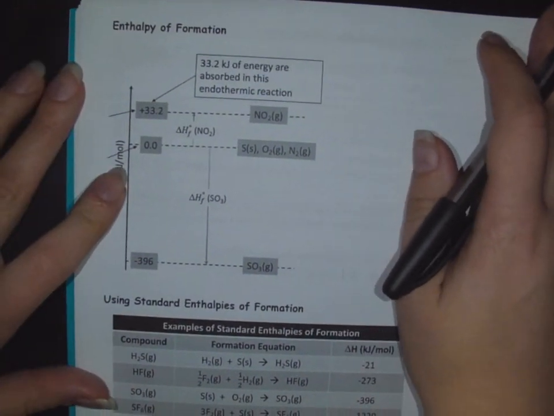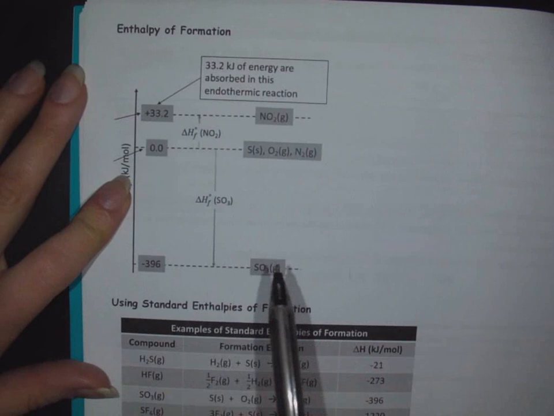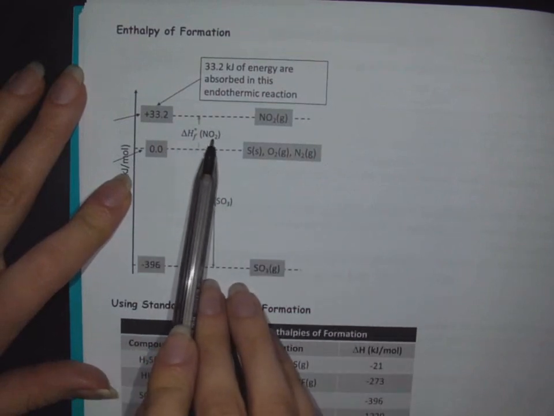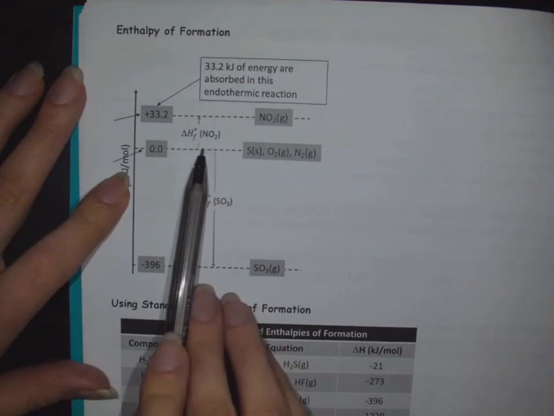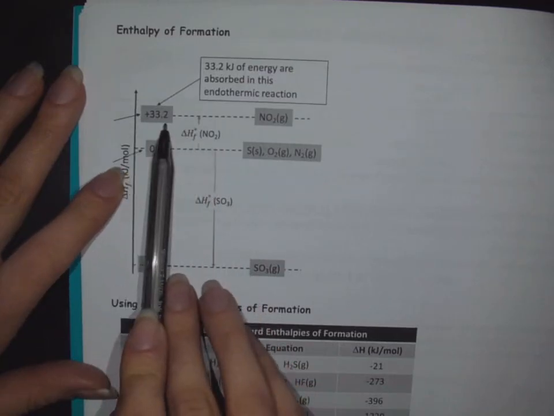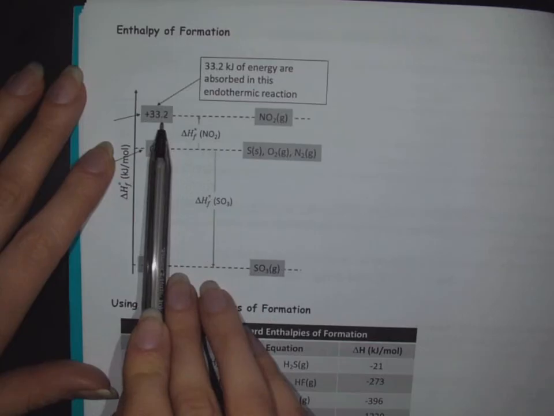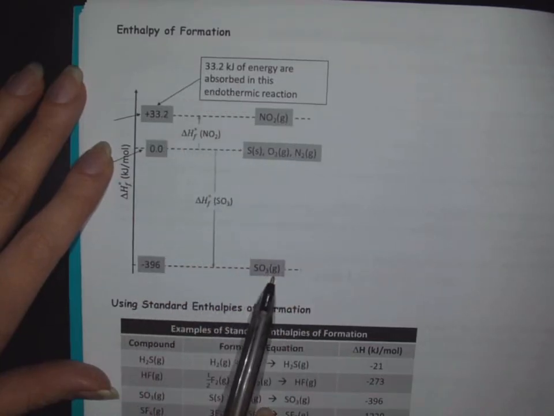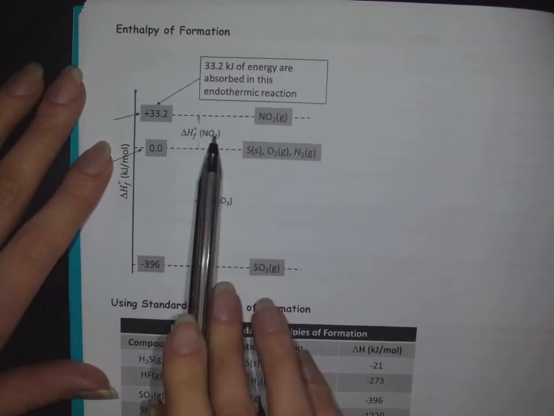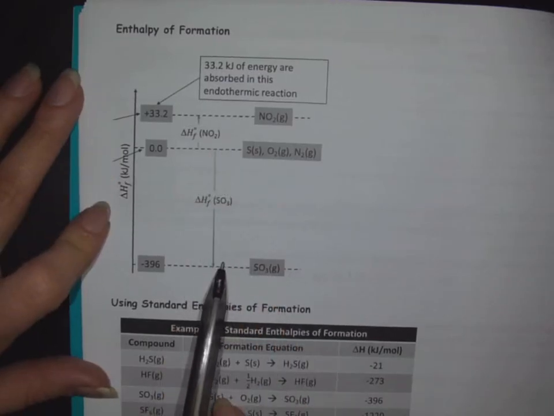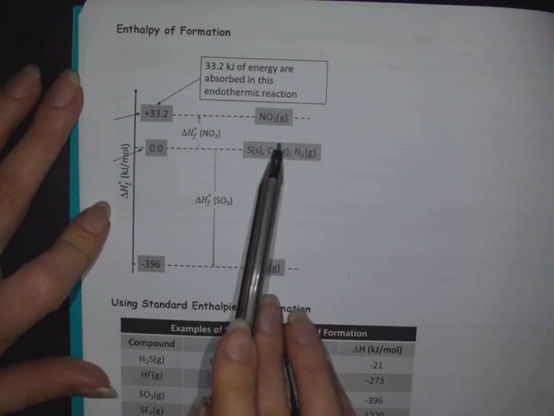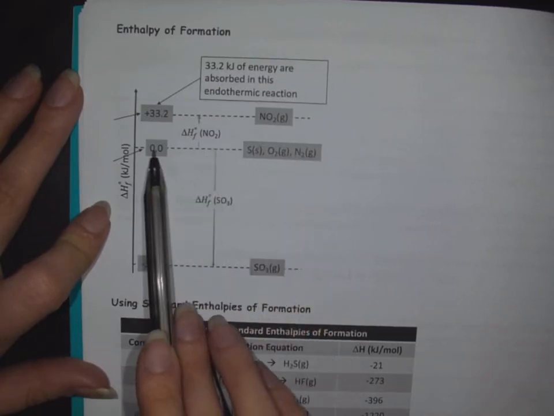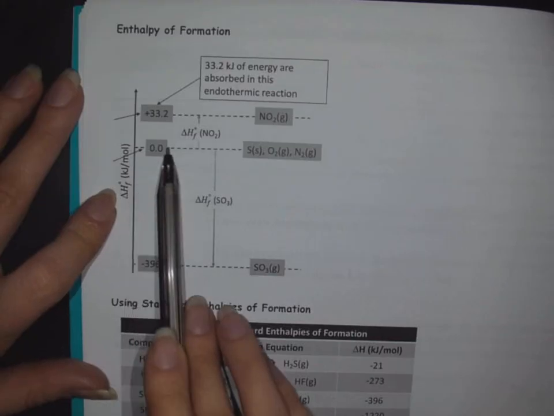So here it's showing us that the standard formation of nitrogen dioxide is positive, it's endothermic, 33.2 kilojoules. But for sulfur trioxide, it actually releases energy, it's exothermic. And the elements, when they're all by themselves, have a delta H of formation of 0.